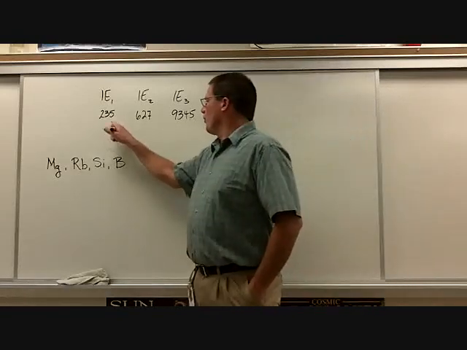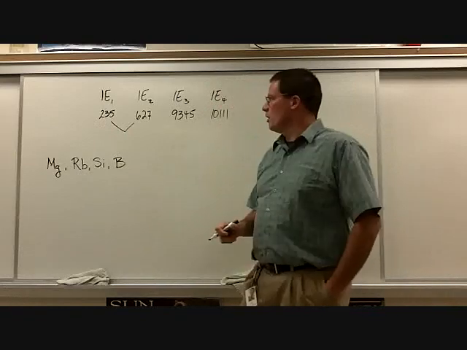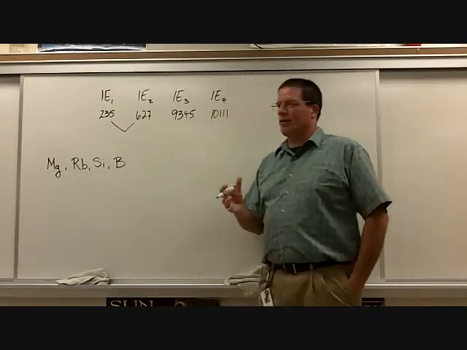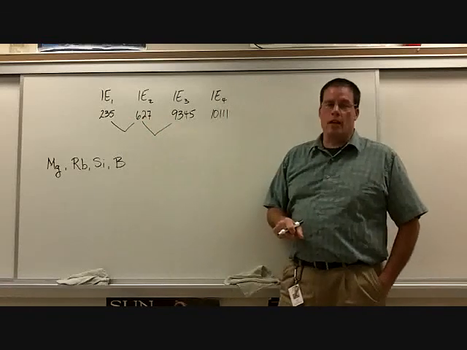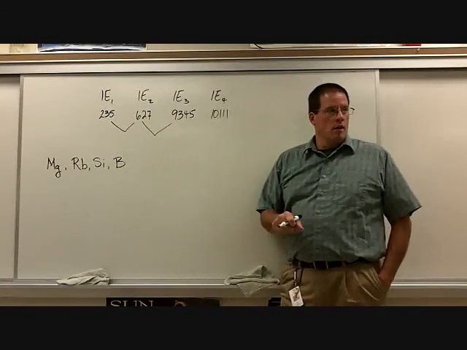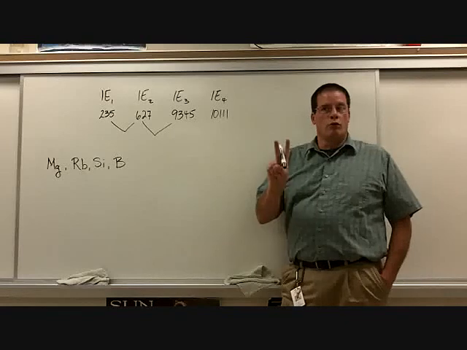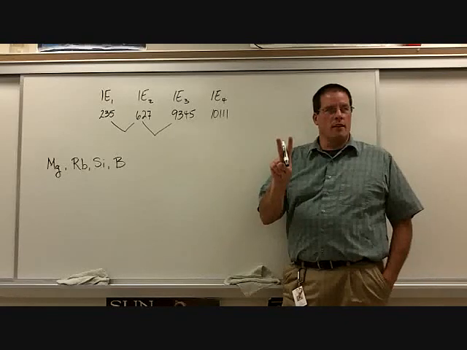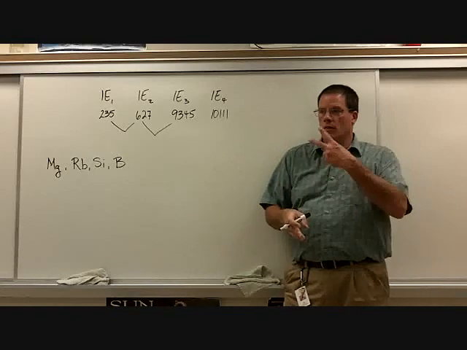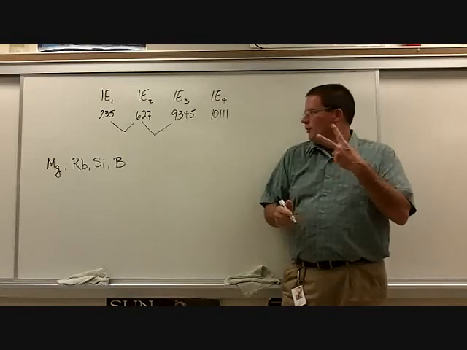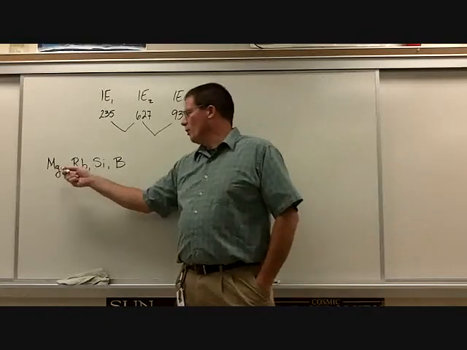Very good. So going from here to here, not a 400% increase, about 3 times. From here to here, that's a big jump. So 2 are easy to remove, right? So what column or group is it in? 2. So which one of these is in 2?